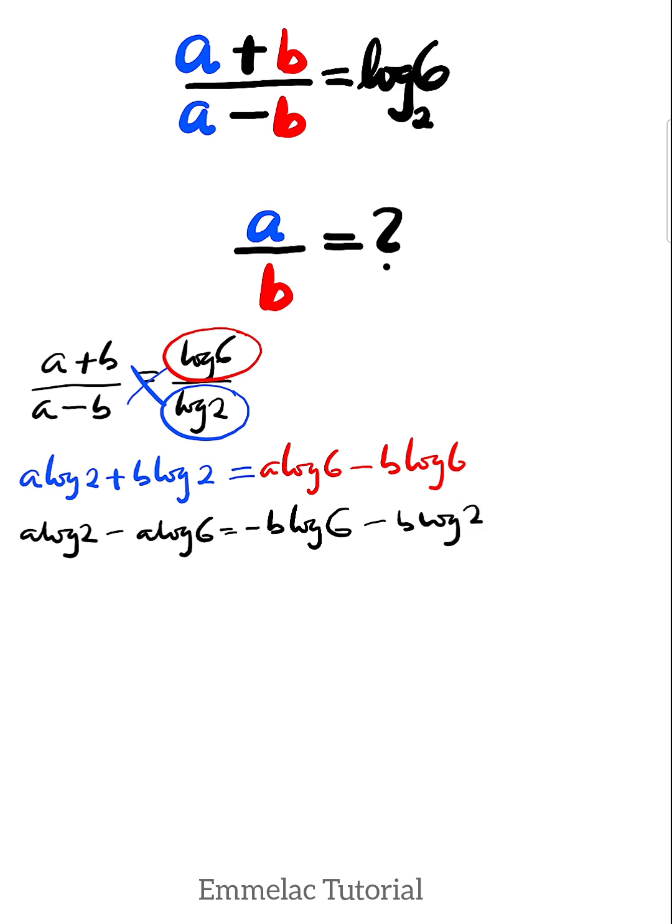Okay, so let us now factor out a from the left hand side, and also factor out negative b from the right hand side.